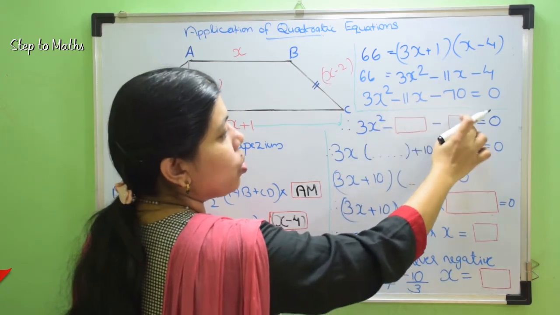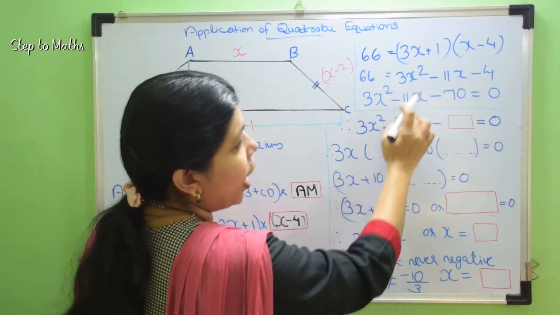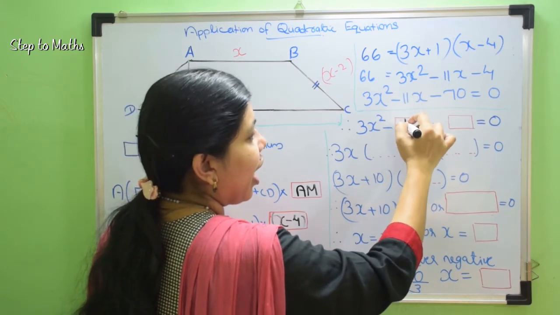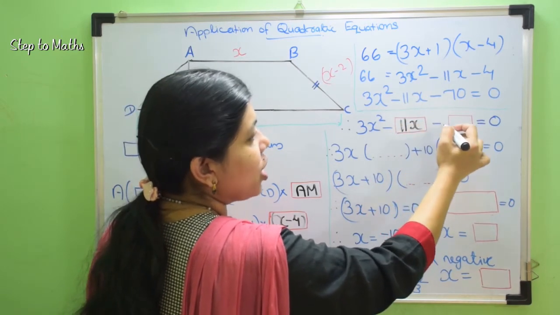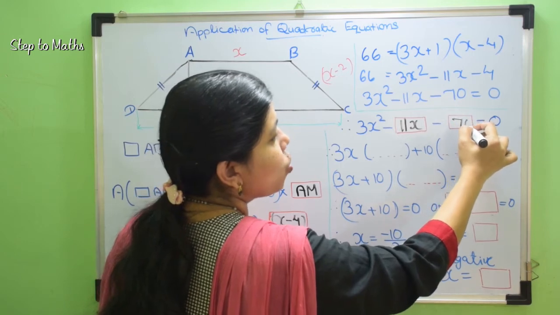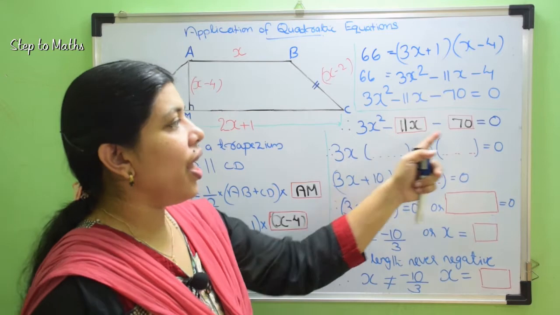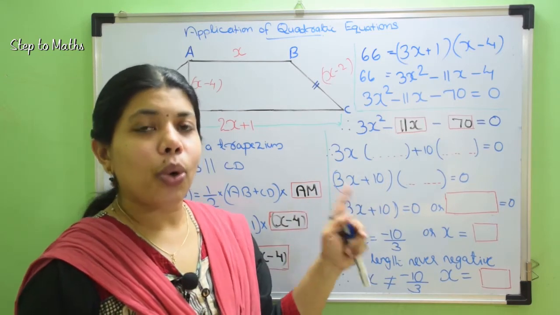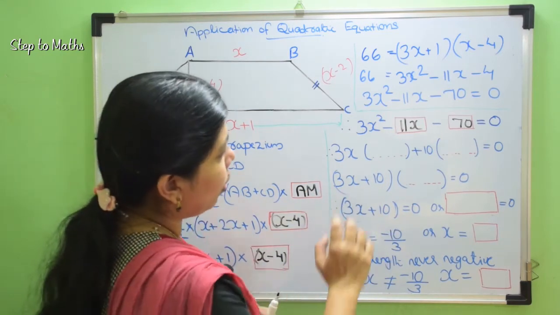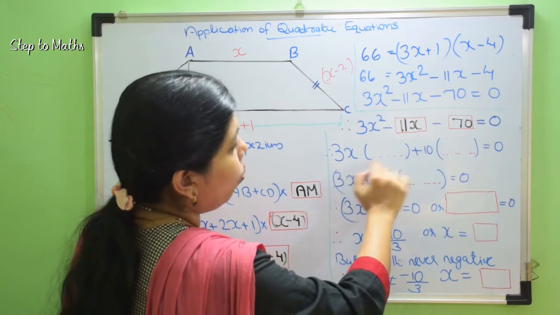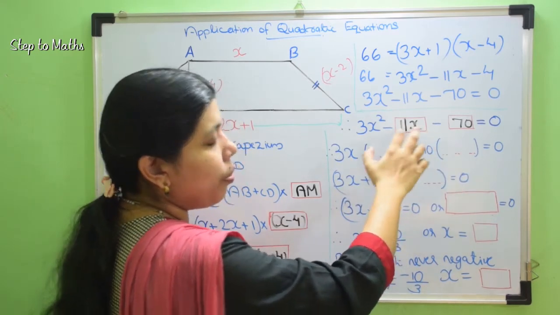So, what are the values in these boxes? 3x square minus 11x minus 70 equal to 0. We get the corresponding quadratic equation. Then what is the next step?